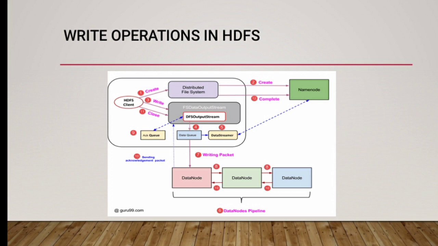The data write method is invoked in step 3 of the diagram. FS data output stream contains a DFS output stream object, which looks after the communication with the data nodes and the name nodes. While the client continues writing, DFS output stream continues creating packets with this data.